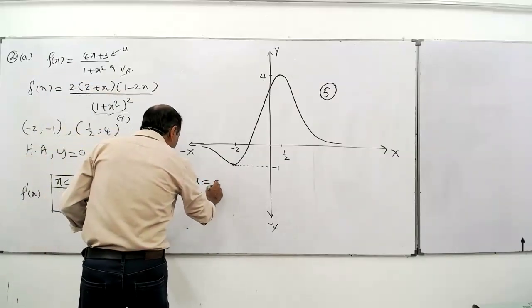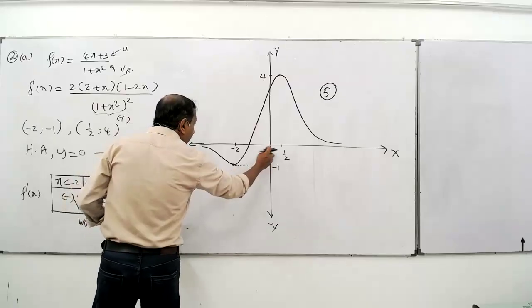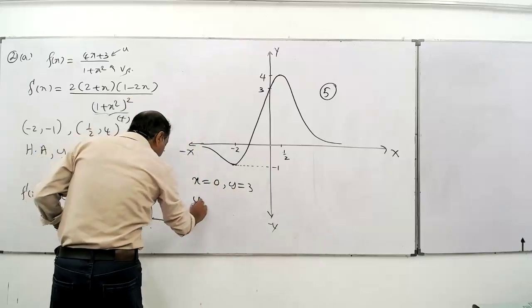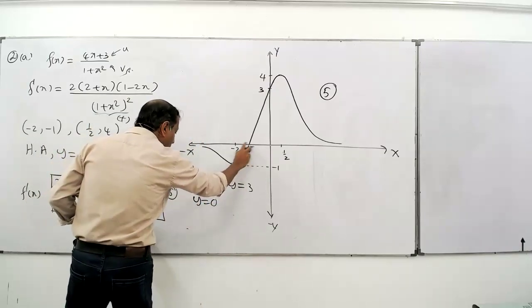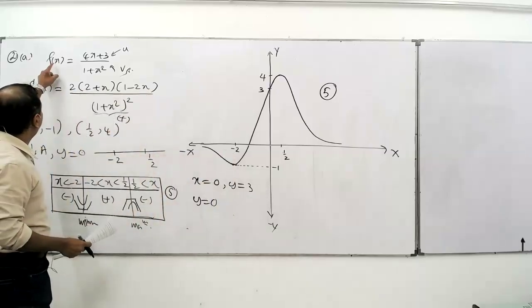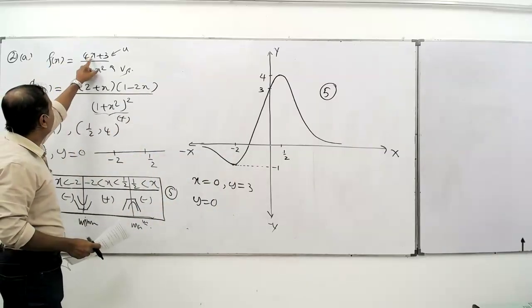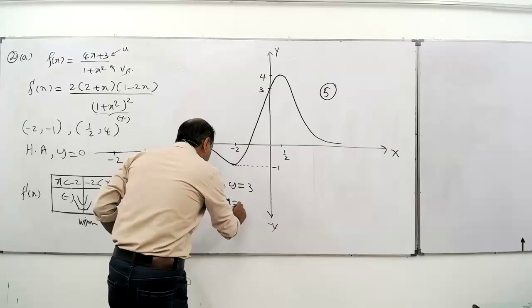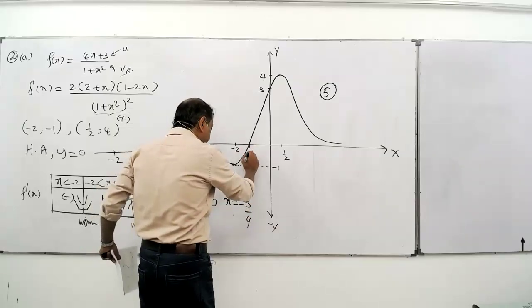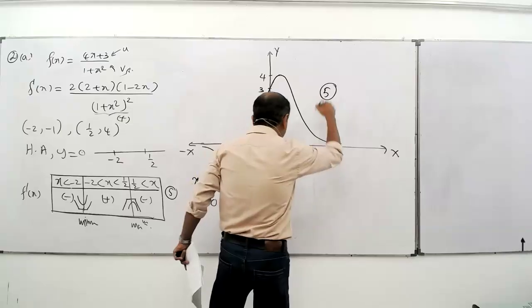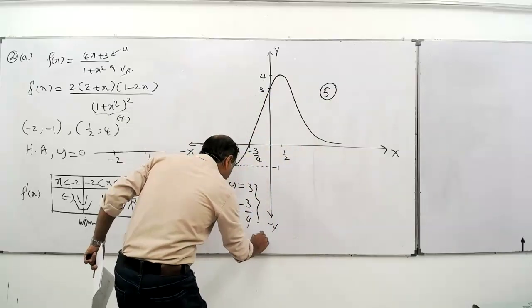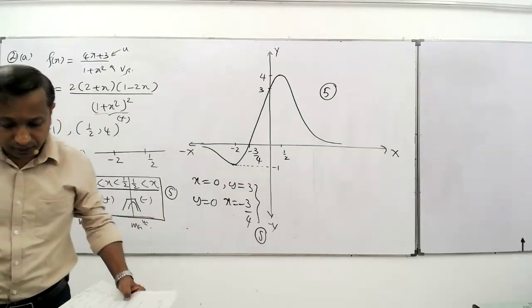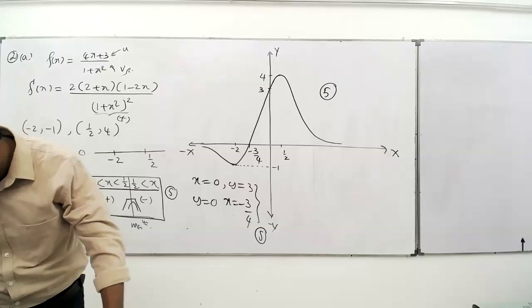All right, x equals 0 brings y equals 3 here. And y equals 0 means we need to find this point's x coordinate. Put f(x) equals 0, then 4x plus 3 equals 0, so x is minus 3 by 4. Mark this also here. Now we get 5 marks for everything, and for these 2 also we get 5 marks. Understand? This is how we get the marks there, right? Okay.